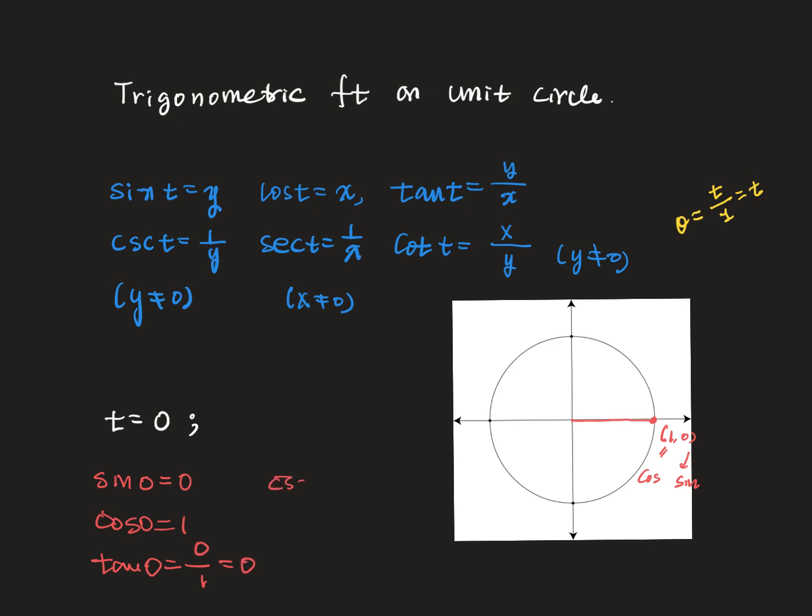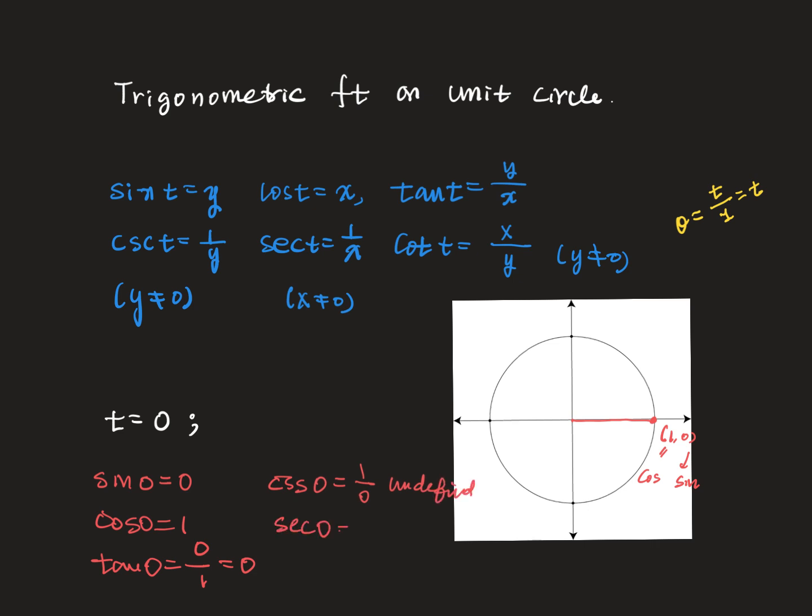Cosecant 0 is 1 over y. What's the y value? 0. So 1 over 0, the denominator is 0, so this is undefined.